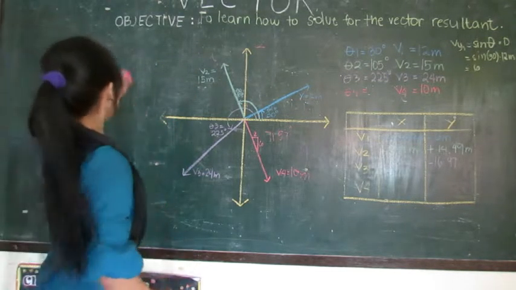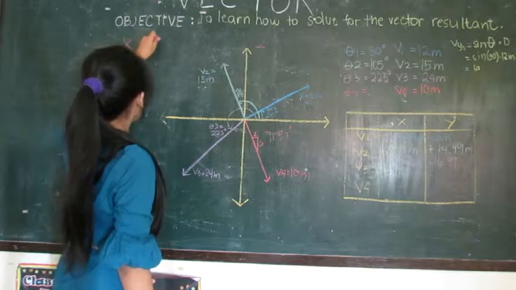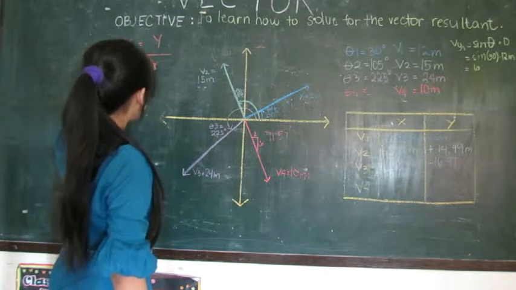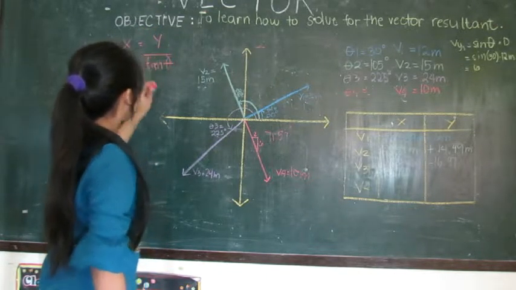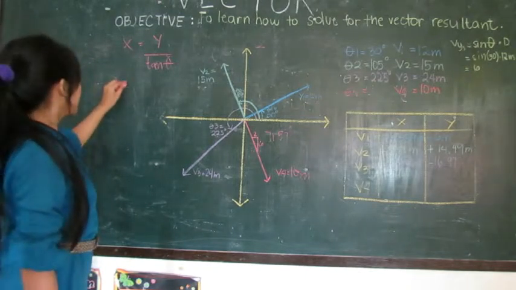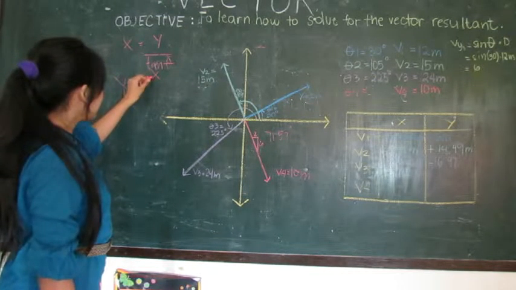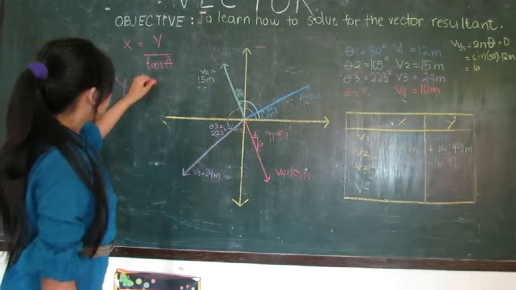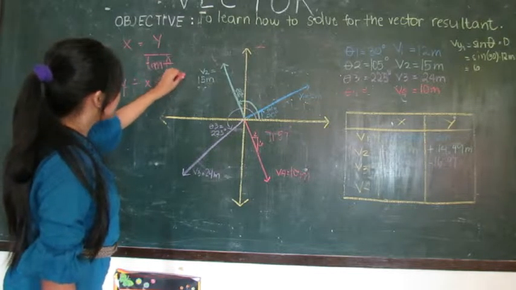Since we already have the angle, let us now try to solve for the x and y. The formula for x is y over tan of the angle, and the formula for y is x multiplied by tan of the angle.